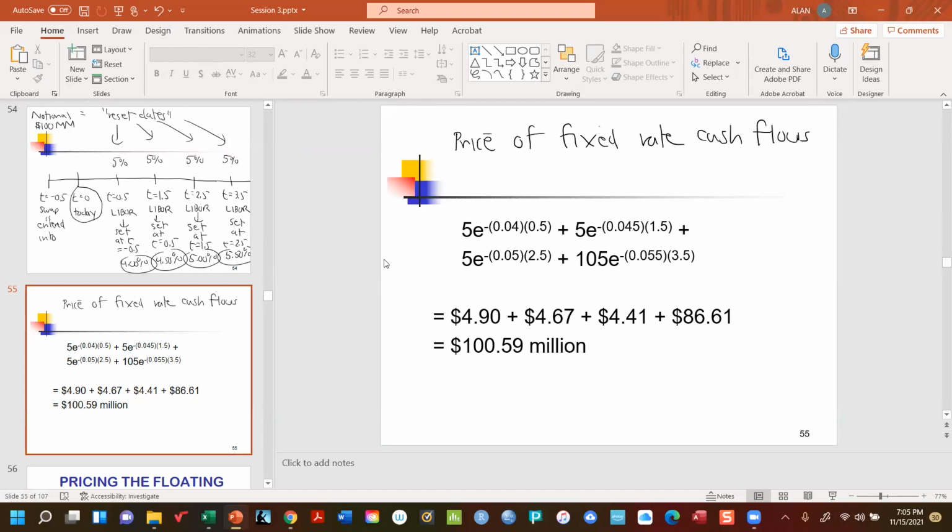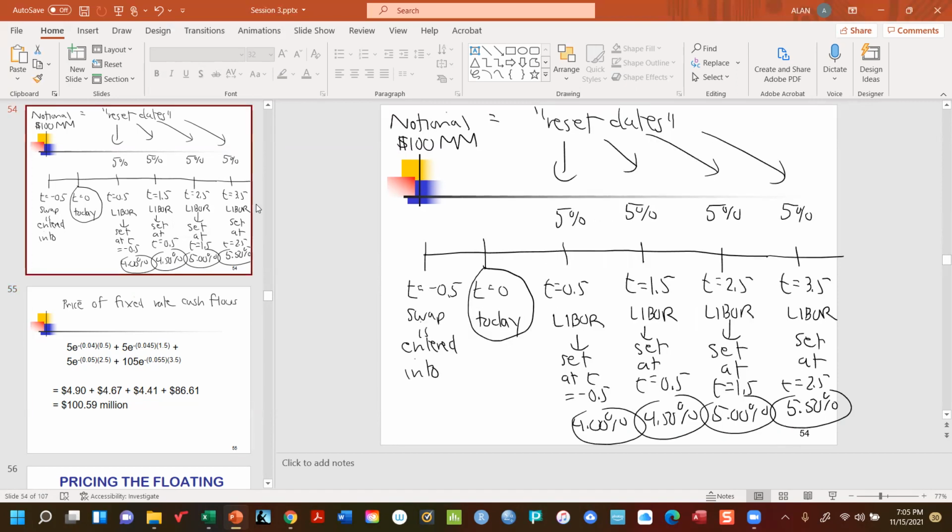Now, also, I want to point out here that because we're treating these as bonds, these cash flows, 5% of 100 million, is 5 million. But in the last period, you also get your money back from this bond. So the cash flows from a fixed rate bond would be 5, 5, 5, and 105.